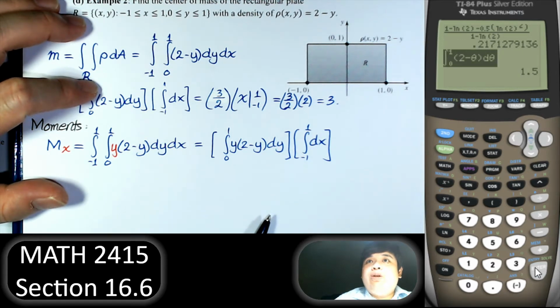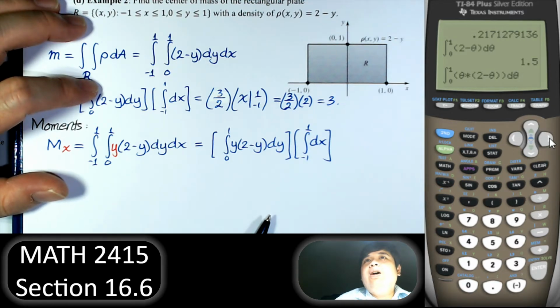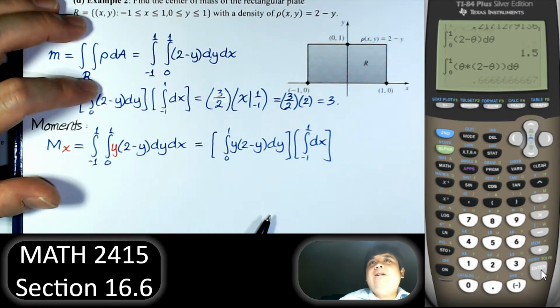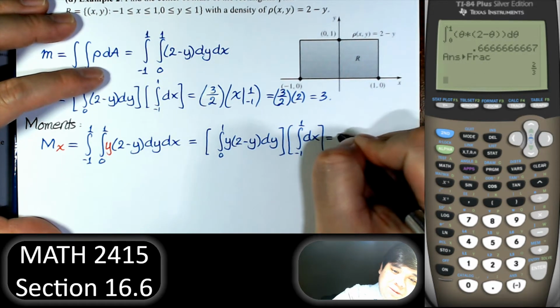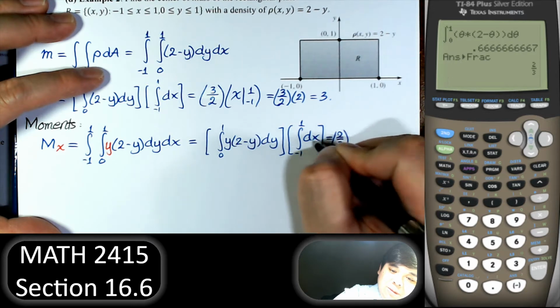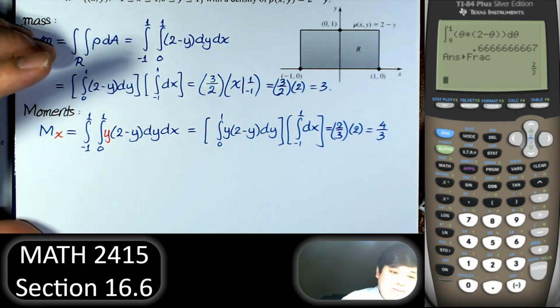So we take this integral and stick in, times, open parentheses, right, that is 2/3. And that is 2. So we have 4/3, the moment about the x-axis.